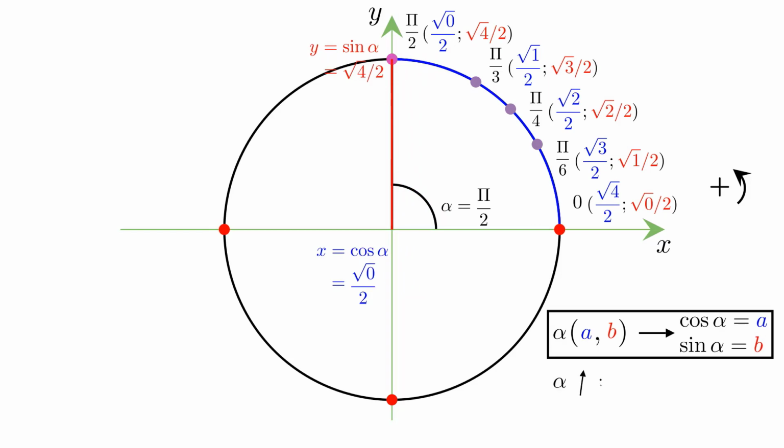Thus, as alpha increases, the cosine value decreases while the sine value increases. Now, let's decrease alpha from pi over 2 to 0.